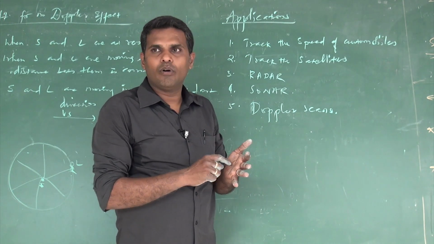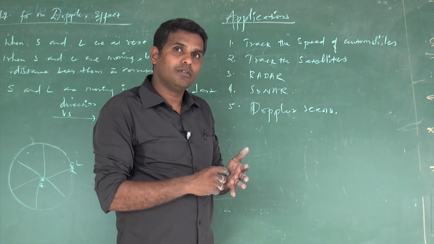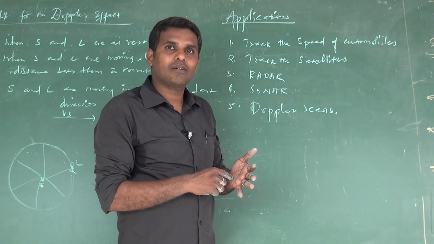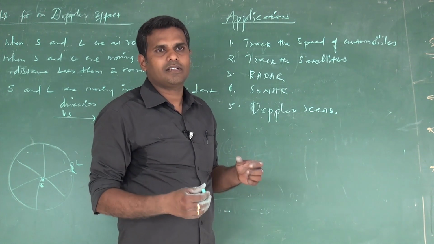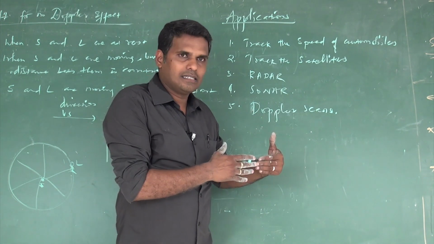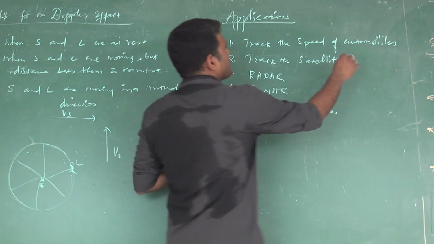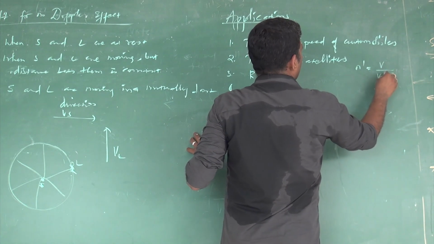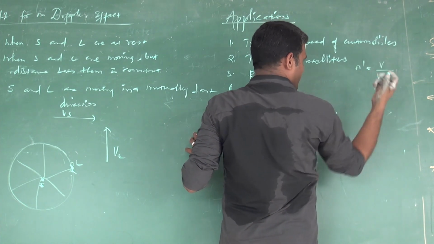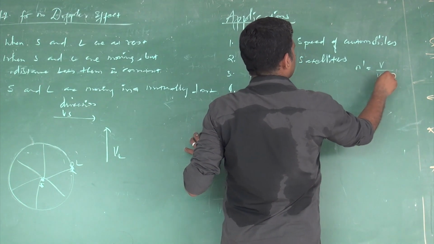So they know the value of n, they know the value of n prime, and the velocity of sound is also known. Then they can easily calculate the velocity of the source, meaning the velocity of the car, because they are stationary. The velocity of the listener is 0. So they can easily measure with this expression: n prime is equal to v divided by v minus vs, into n, because the source is moving towards the listener.